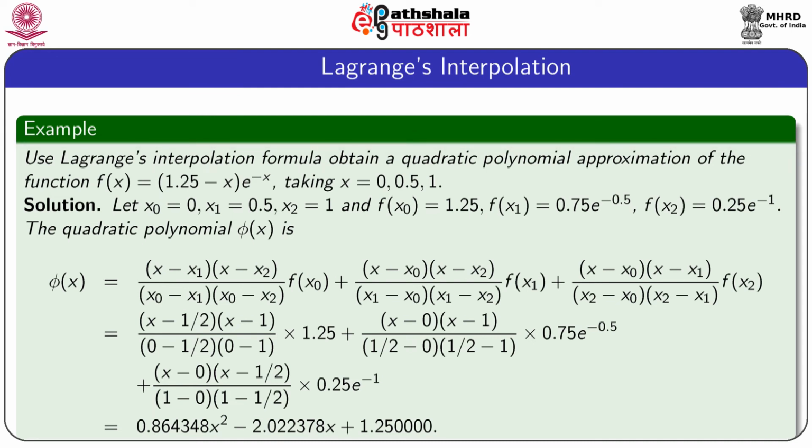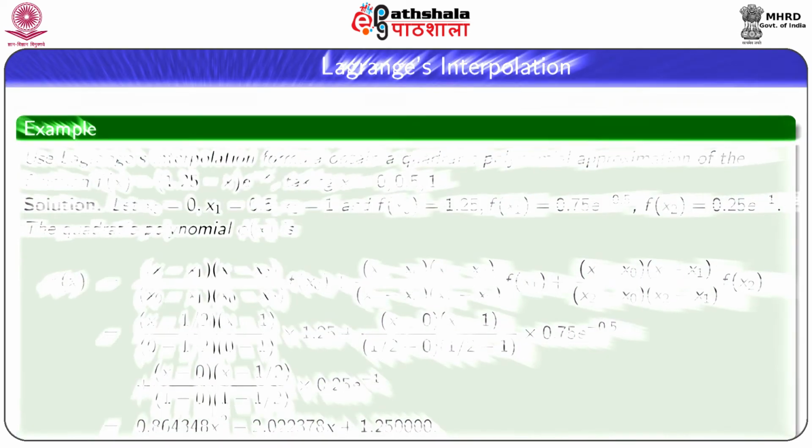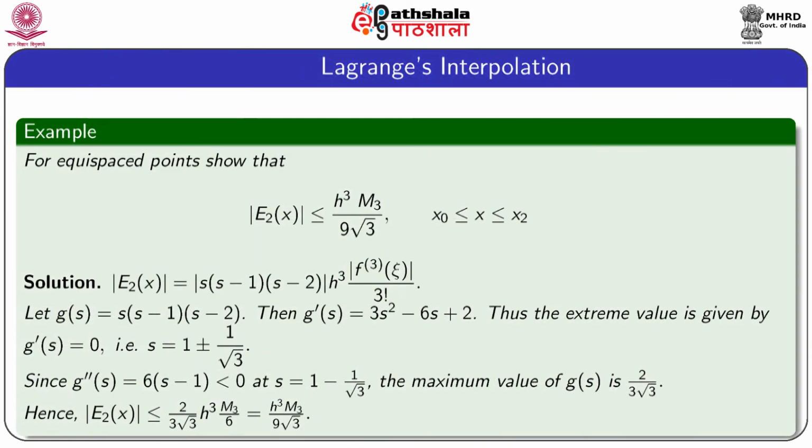So, g(s) is maximum at s equal to 1 minus 1 by root 3, and it is equal to 2 by 3 root 3. Hence, the upper bound of E_2(x) is 2 by 3 root 3 into h cube into M_3 by 6, equal to h cube M_3 by 9 root 3, where M_3 is the maximum value of the third derivative of f at any arbitrary point xi.